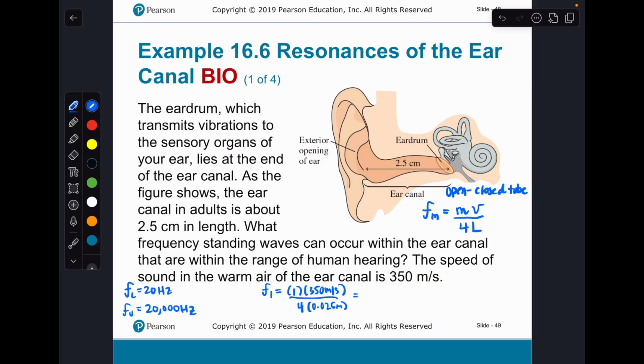So the frequency of mode 1 is 3,500 hertz.